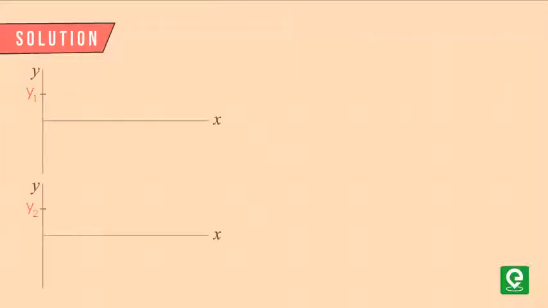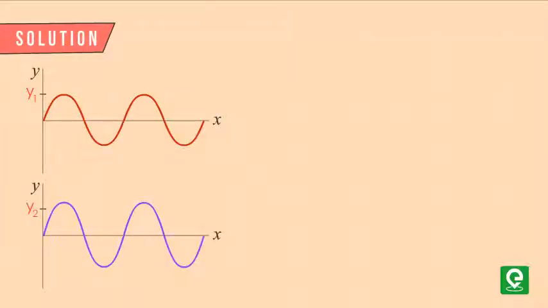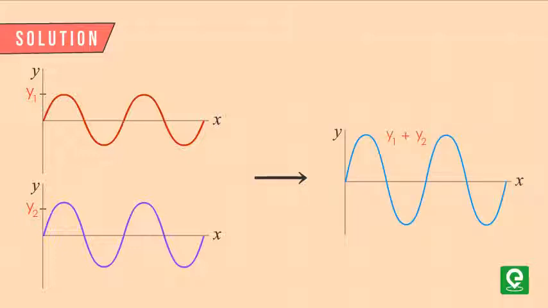Solution: according to the principle of superposition, the disturbance produced by each wave is independent of the other, and the resultant disturbance is equal to the vector sum of the individual disturbances.